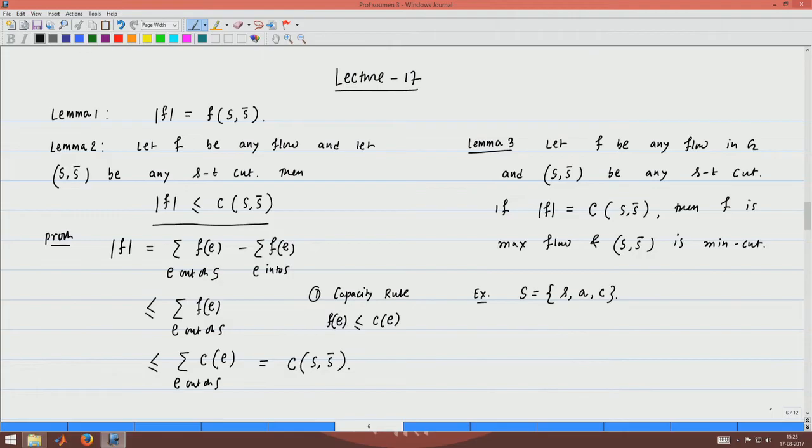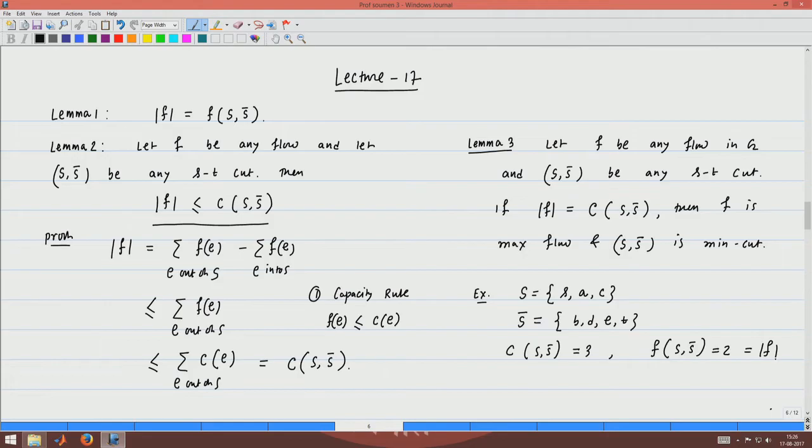Please refer to my example in the previous lecture, and S complement was {B, D, E, T}, and the capacity of this cut was 3 and the flow across the cut was 2, which is also the flow value.